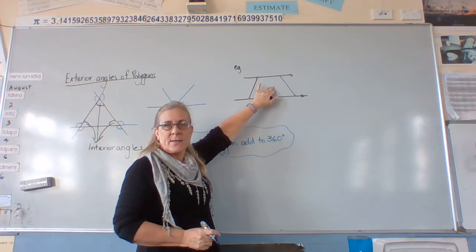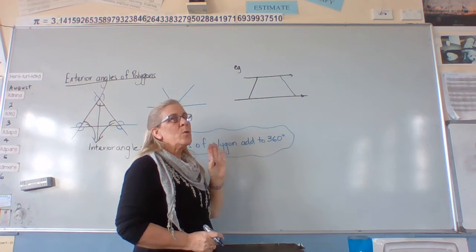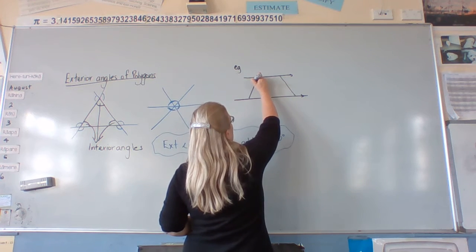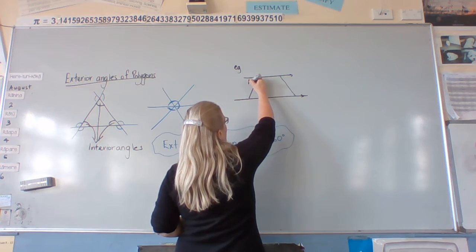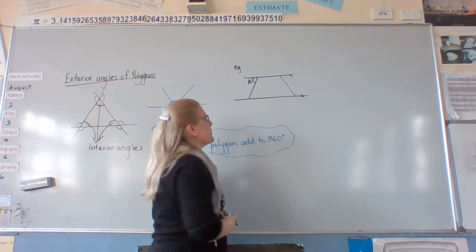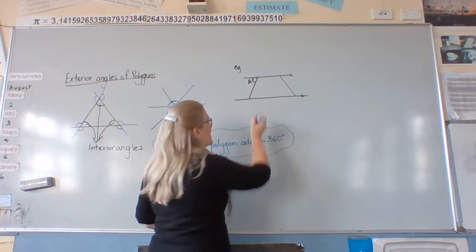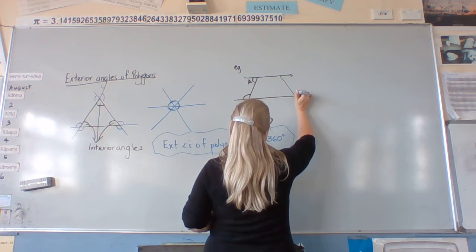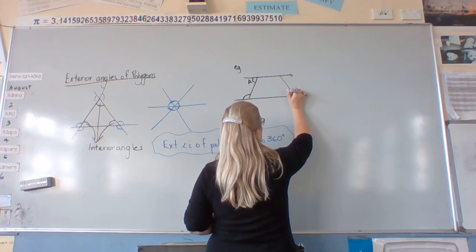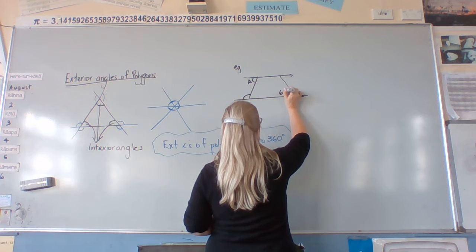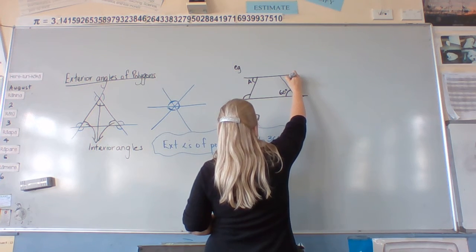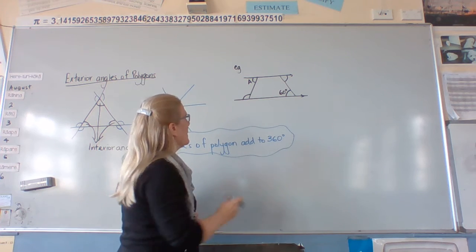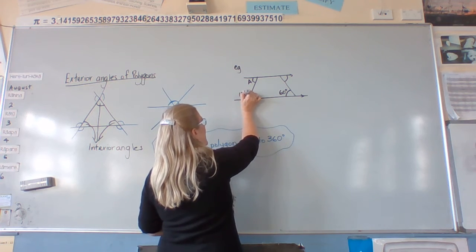This is a trapezium, all right? We want to know what this angle here is, A. I know that this angle here is 60. This isn't a particularly good one, but it'll do.